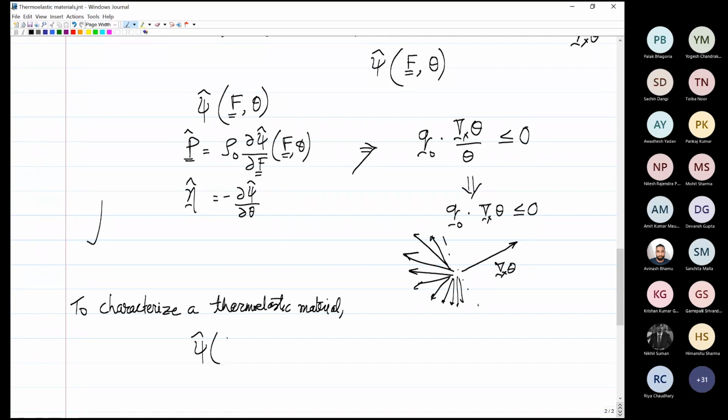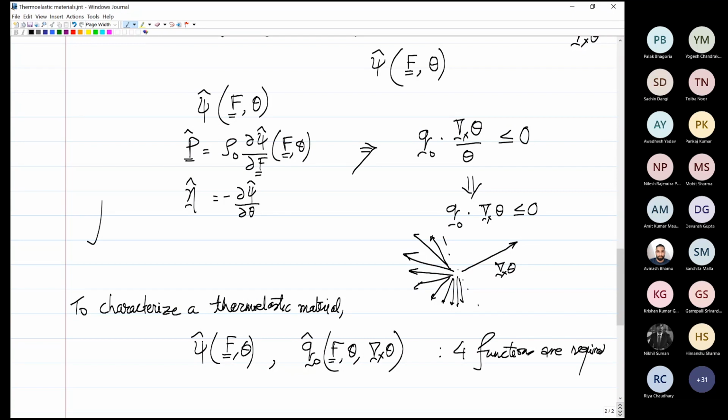One is psi hat as a function of f comma theta, and the other is the constitutive form for q naught, which has dependence on f, theta, as well as grad theta. So in total, four functions are required. For any general thermoelastic material, you only need these four functions and everything else gets set accordingly.